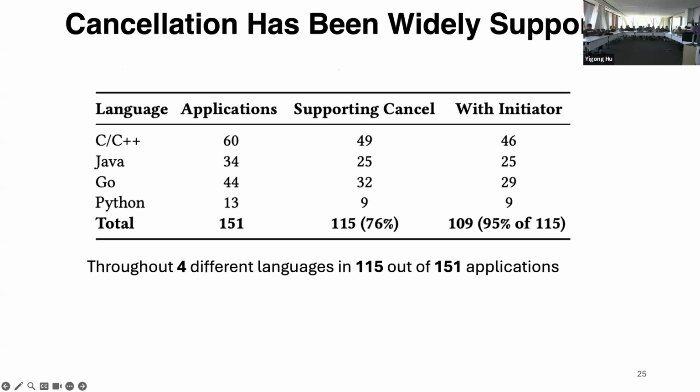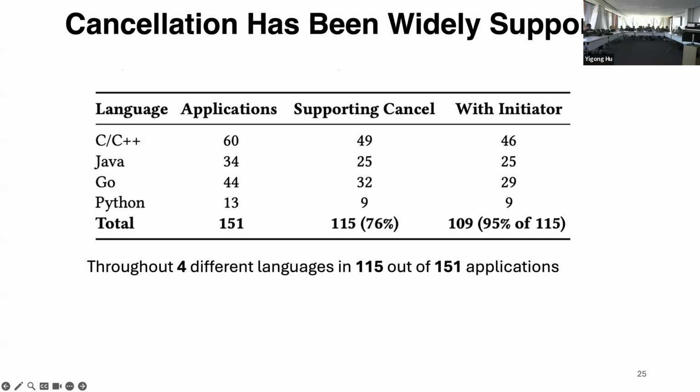So here is a study we did to show the prevalence of cancellations. We studied 151 applications across 4 languages: C, Java, Go, and Python. We found them by searching on GitHub and sorting from the one with the highest star.